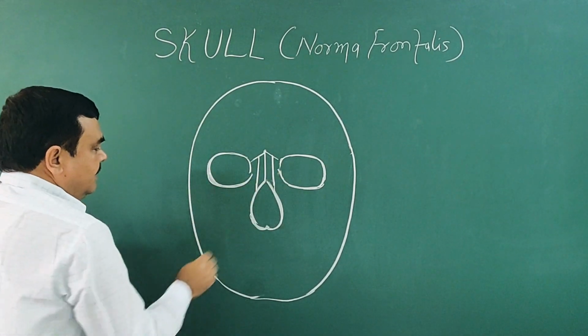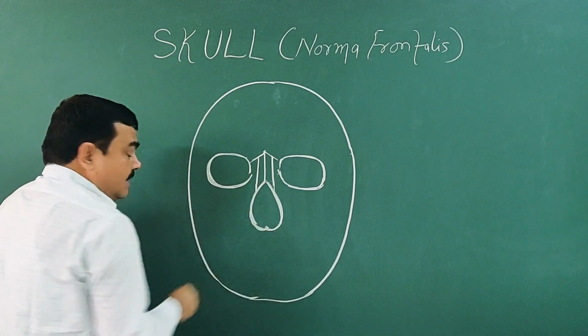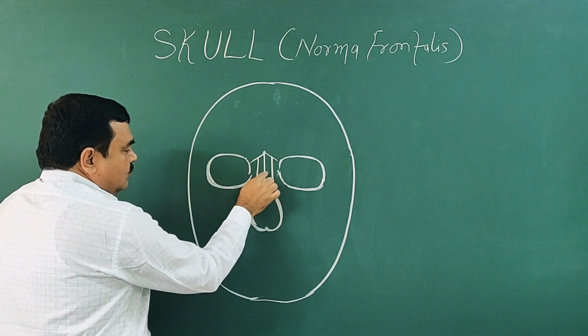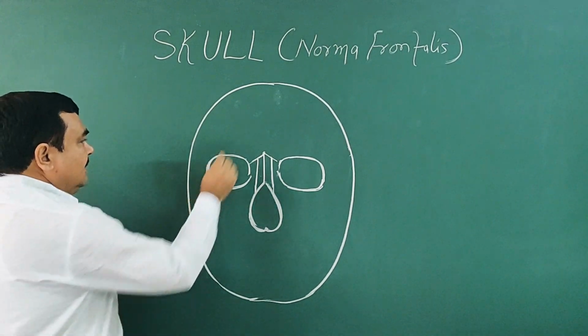Here is the orbit. This is the nasal aperture, the anterior nasal opening. Here are the two nasal bones.